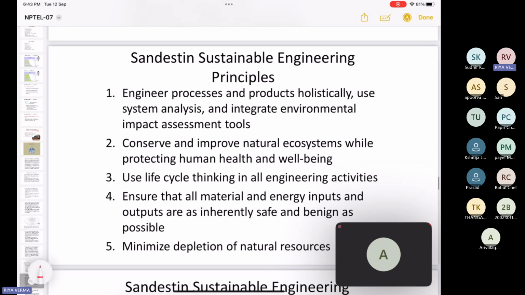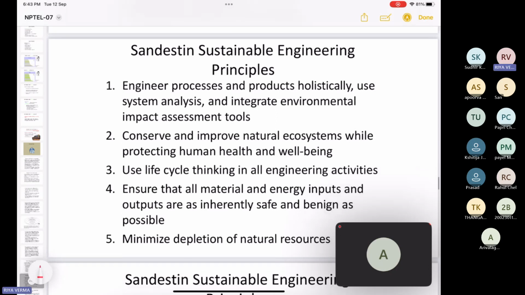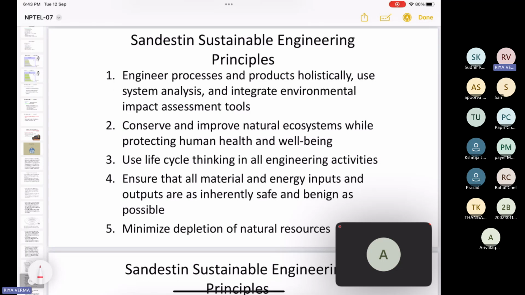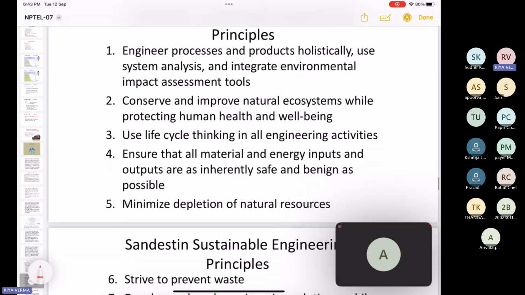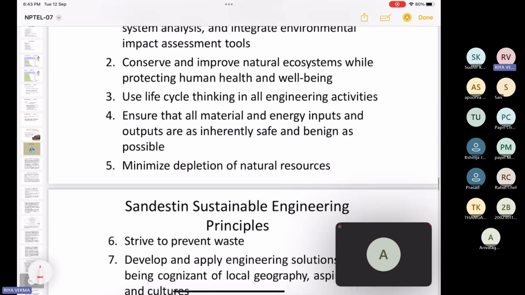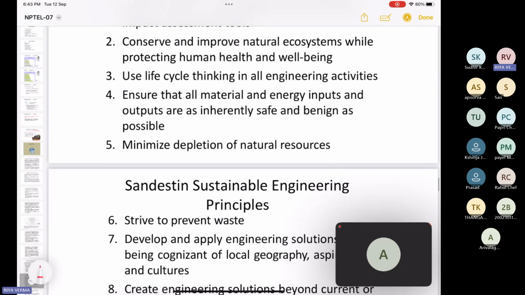The points that were covered were: engineer processes and products holistically, use system analysis and integrate environmental impact assessment tools, then conserve and improve the natural ecosystems while protecting human health and well-being, then use life cycle thinking in all engineering activities and ensure that all material and energy inputs and outputs are as inherently safe and benign as possible.